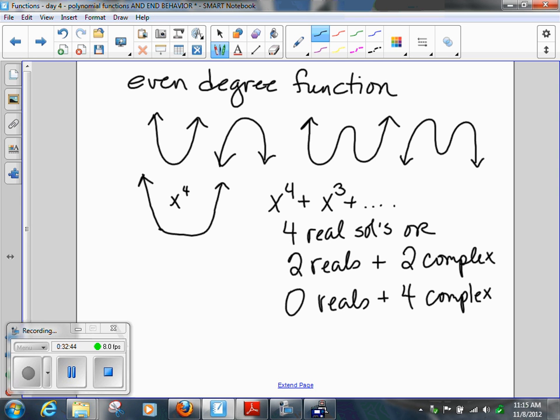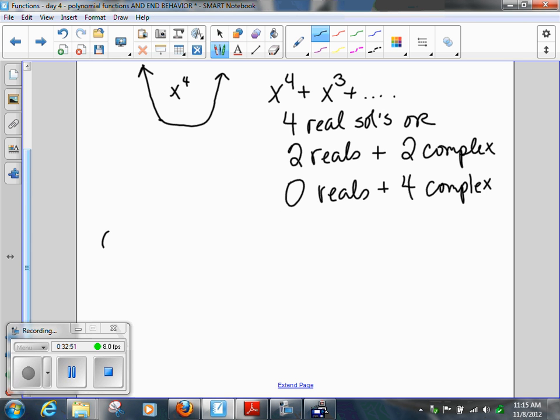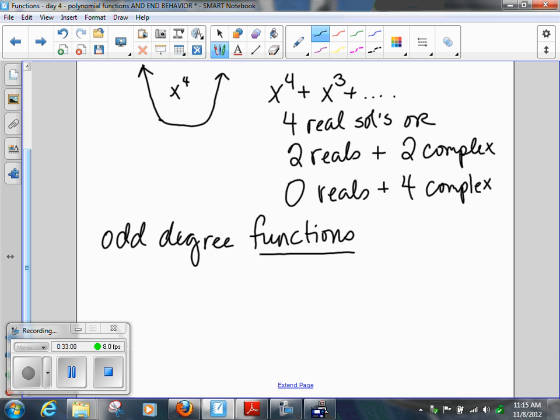The same rule of thumb is true for odd degree polynomial functions. Okay? Odd degrees, they're going to look like this. Or they might look like this. But one arm's up, one arm's down.